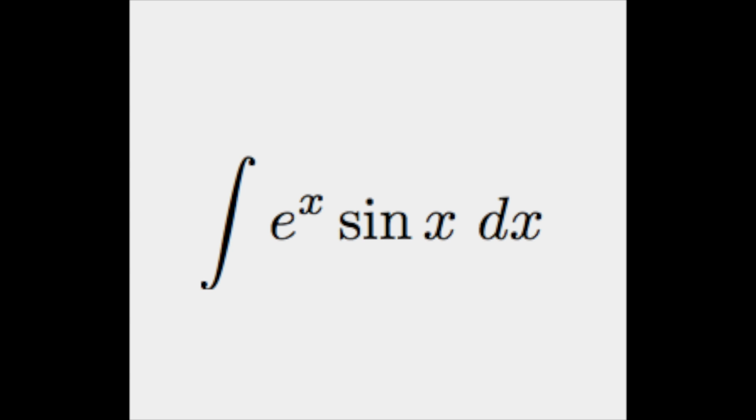For our next problem, I wanted to do the antiderivative of e to the x sine x dx. Now this is an example where we have two terrific dv's and we don't have a good u. So what we do is we choose either of them for our u and the other one for our dv.